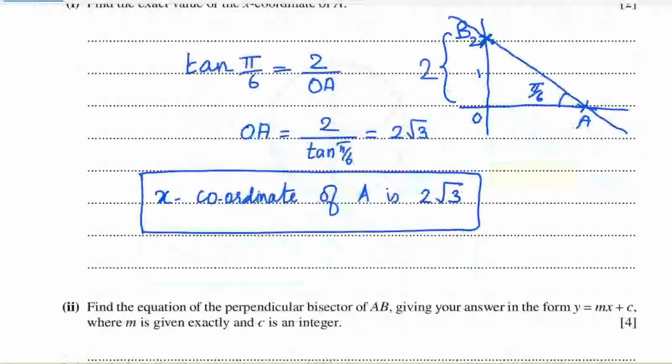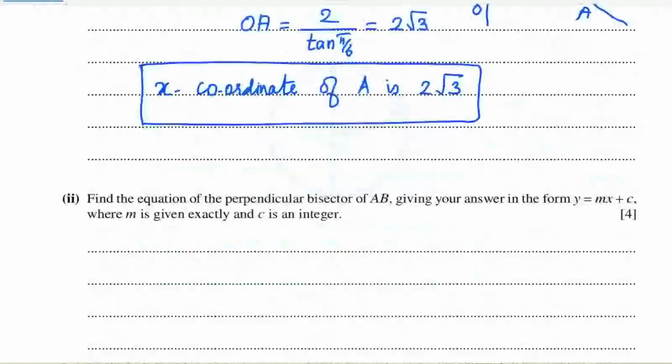The next part of the question is: find the equation of the perpendicular bisector of AB, giving your answer in the form y equals mx plus c, where m is given exactly and c is an integer. So we need to find the equation of the perpendicular bisector of AB.